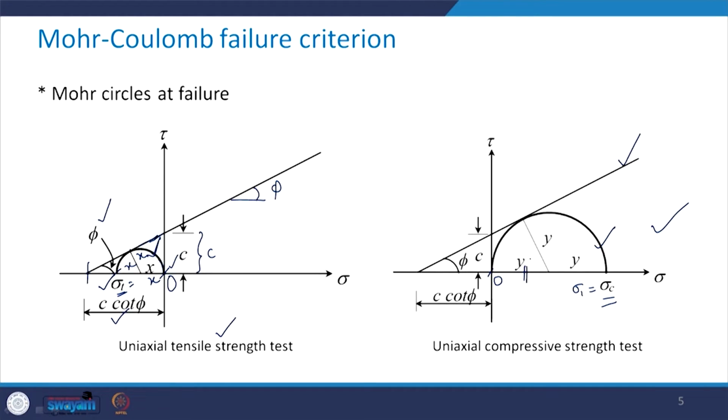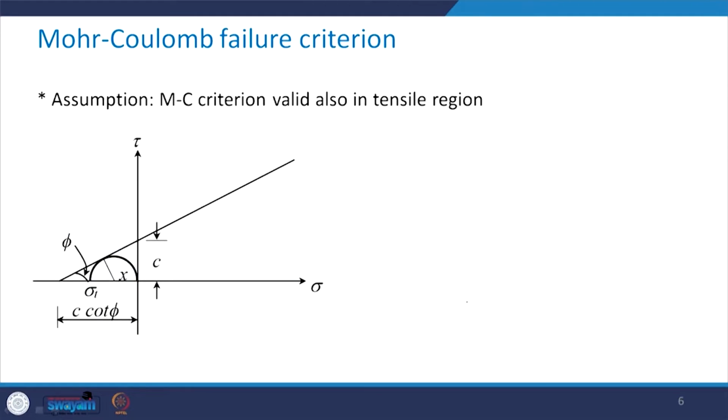So this distance and this distance are going to be the same as the radius of the Mohr circle. Similarly, from simple trigonometry, if this distance is c, this distance from here to here is going to be c cot phi.